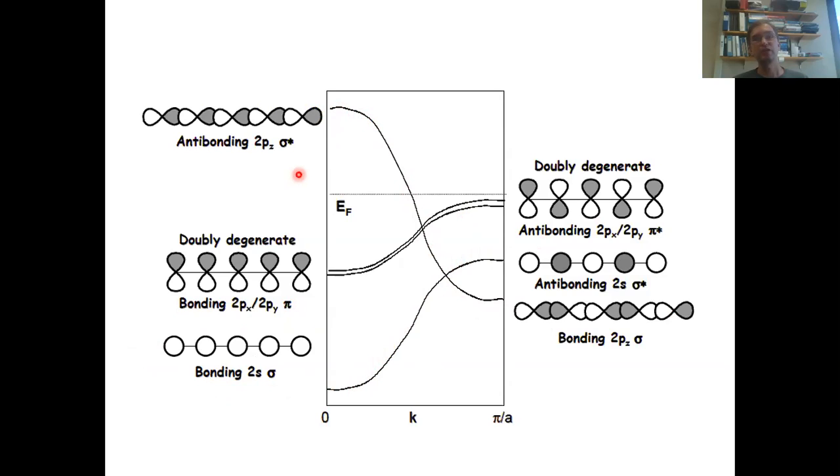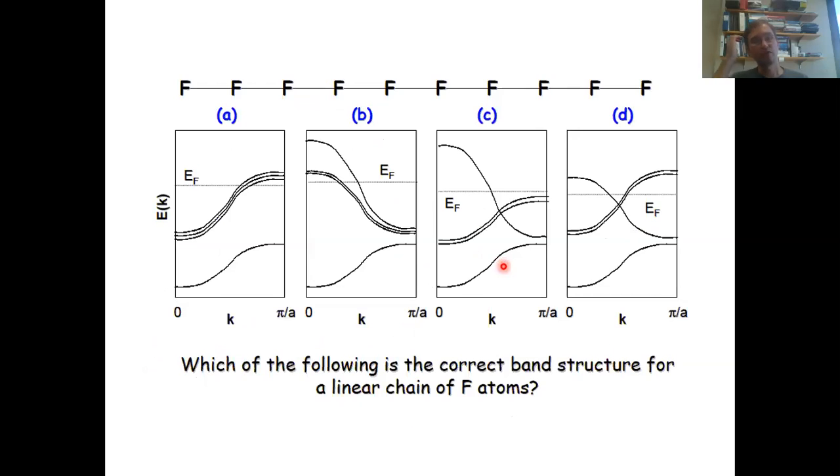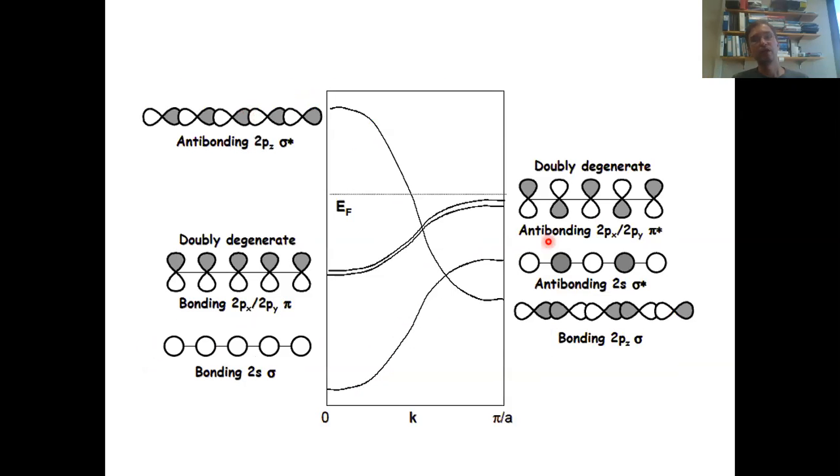When you consider the orbital overlap of the p orbitals alone, as shown here, separated from the orbital overlap of the 2s orbitals, you see that these two bands would cross. However, in the real band structure, this is not the case. They do not cross. So why is that?